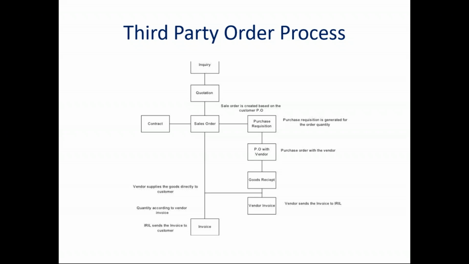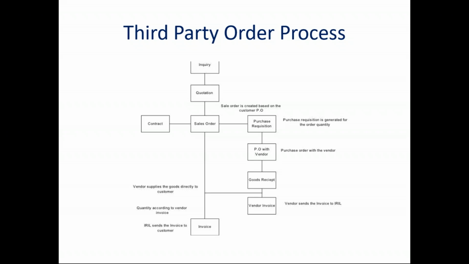So under normal circumstances, the material is produced and delivered by your company only. But in some exceptional cases, when the customer places the order, you create a sales order, and instead of delivering from your company side, we ask the vendor to deliver the product from the vendor side.